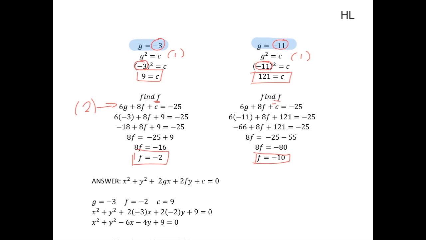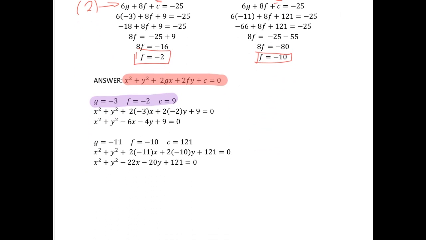So our answer is going to look like x squared plus y squared plus 2gx plus 2fy plus c equals 0. If we take our first set of values, g equal -3, f equal -2, c equals 9, we get the equation x squared plus y squared minus 6x minus 4y plus 9 equals 0.